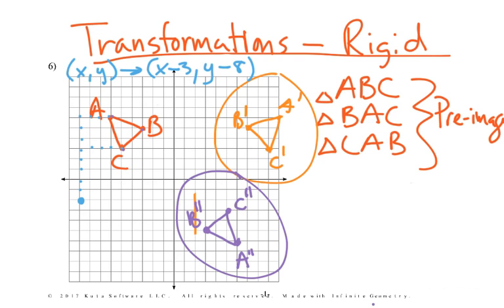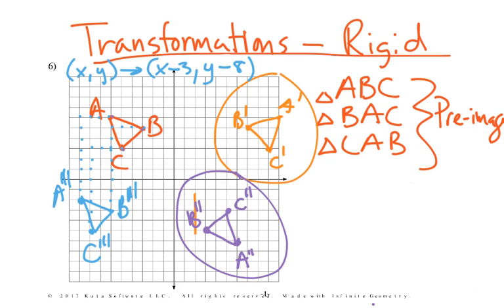And the same for the other two points. We'll call these A triple prime, B triple prime, and C triple prime.